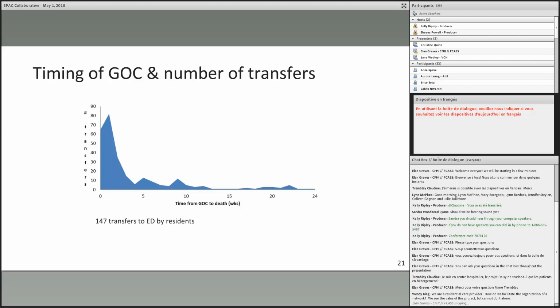Along the bottom is the time from the goals of care until the person died, in weeks, and on the vertical axis you can see how many transfers there were. What is telling is that the majority of these transfers occur when a resident has had the goals of care conversation less than 2 weeks before they die.